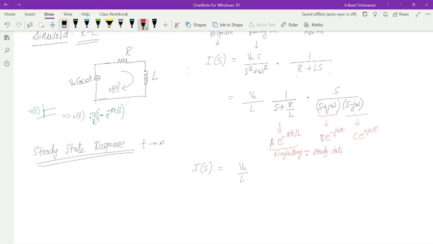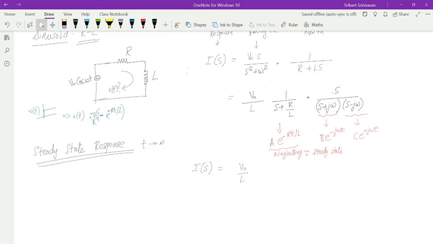So I'm only going to solve for the remaining two terms, the s plus j omega and s minus j omega. Although I'm neglecting this solution, a e power minus Rt over L, I cannot neglect the term while I'm trying to find the answer for these two, because this is one combined function.